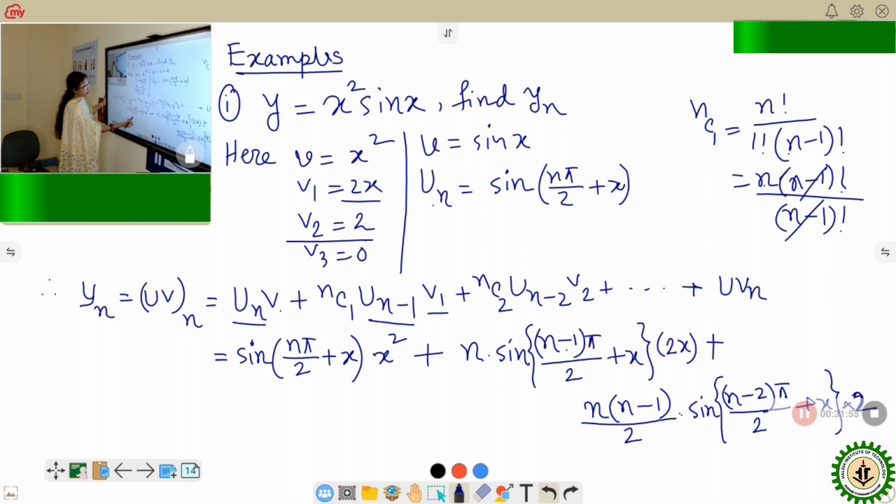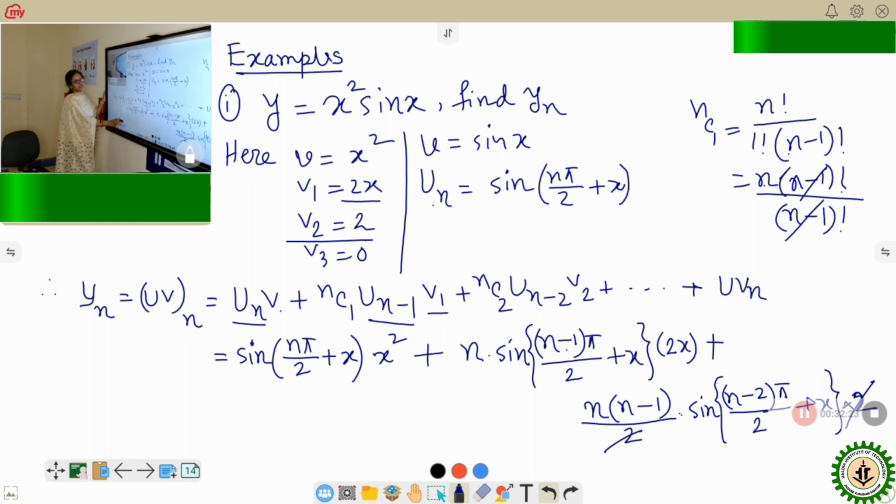Here sin(n pi by 2 plus x) into x square will be as it is, plus n into sin((n minus 1) pi by 2 plus x) into 2x, that is 2nx, plus these 2 and these 2 will cancel. So the remaining part is n into (n minus 1) sin((n minus 2) pi by 2 plus x). That is done now.